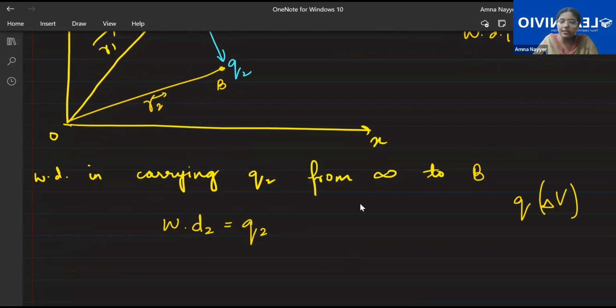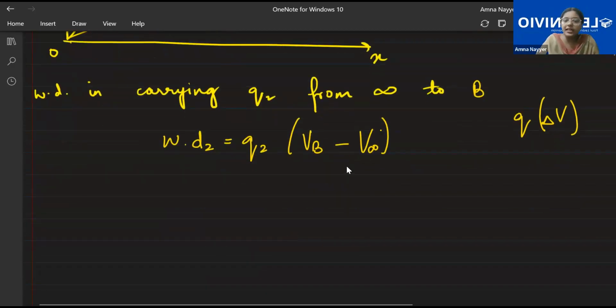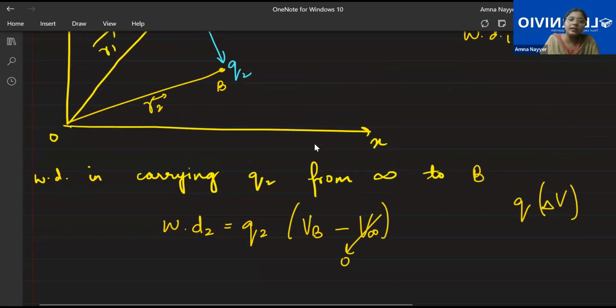Change in potential means final potential minus initial potential. Final potential is at B, so VB minus initial, which was at infinity. We are bringing the charge from infinity to this point B. Now, potential at infinity will be 0. Look at potential at B.